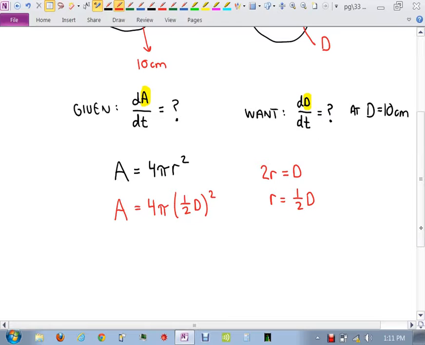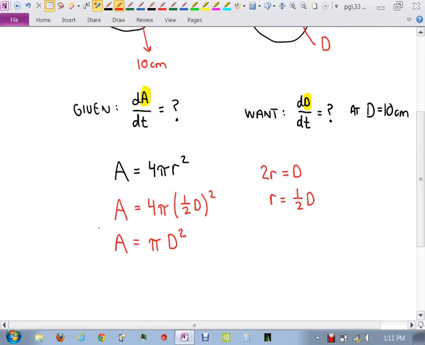And then square 1/2. 1/2 squared is 1/4. That 1/4 will multiply times the 4 out front and go away, and you'll just have pi times diameter squared. That make sense? Square the 1/2. That cancels out the 4 in front. Then you do have to square the d, so you get d squared.